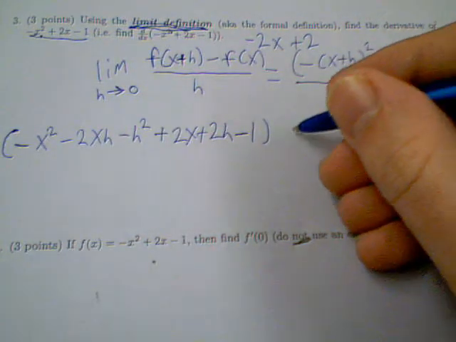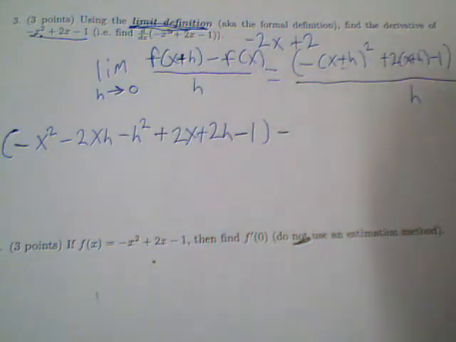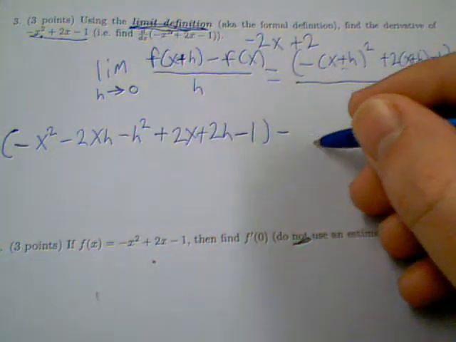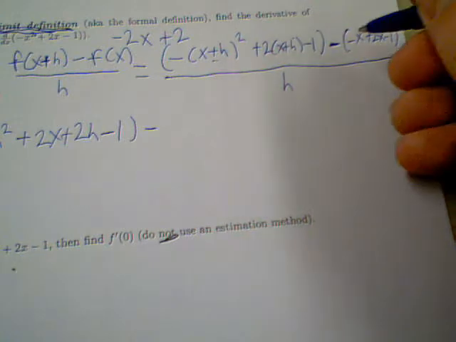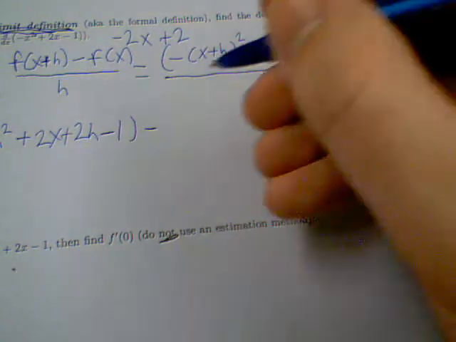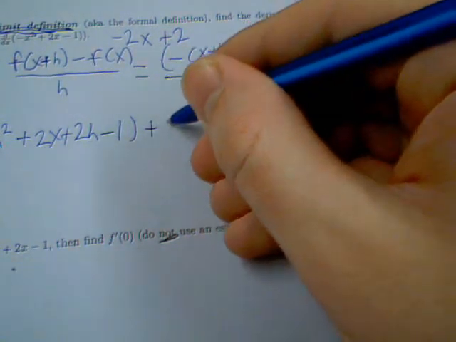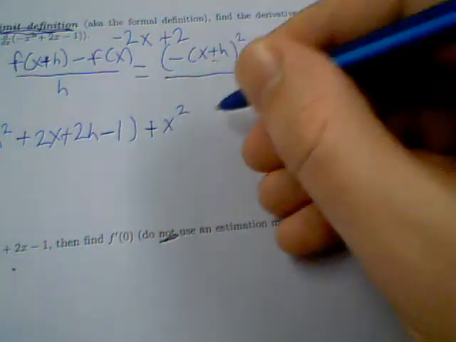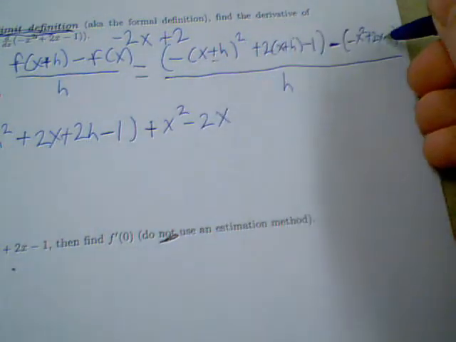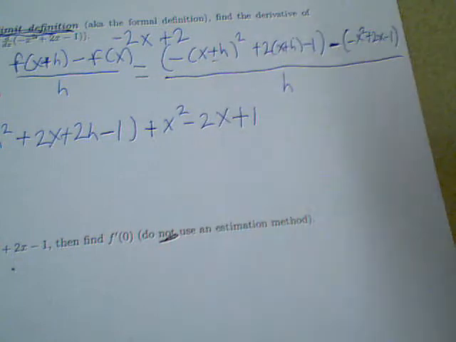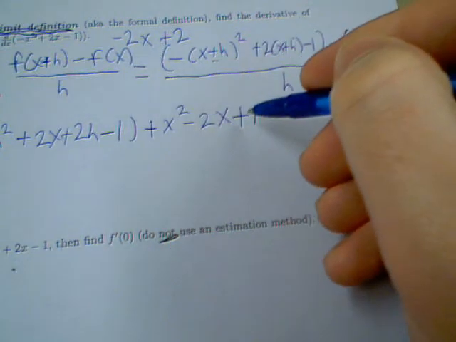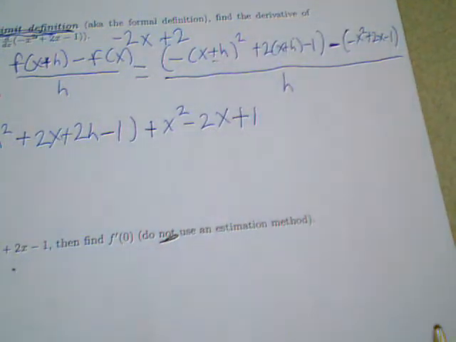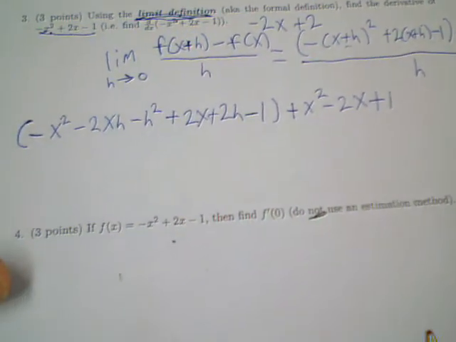Okay. Minus, well, over here we're just distributing the negative to each of these terms, so minus x squared will be plus x squared, minus 2x, minus negative 1, so that's plus 1. Okay? And now these parentheses aren't really doing much for me, so I can just kind of look at what's going to cancel here.